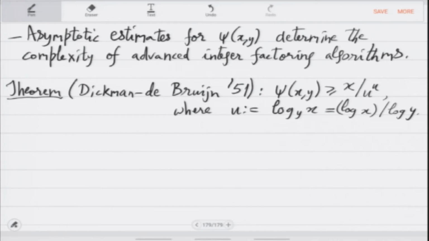In terms of this ratio, the density of y-smooth numbers up to x is u raised to minus u. Let us see a proof sketch. It will not give the full result, but it will give a decent estimate, and you will see why u to the u appears.